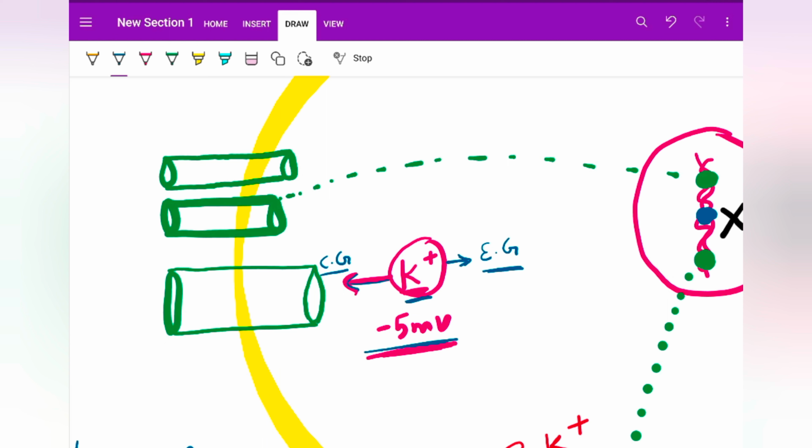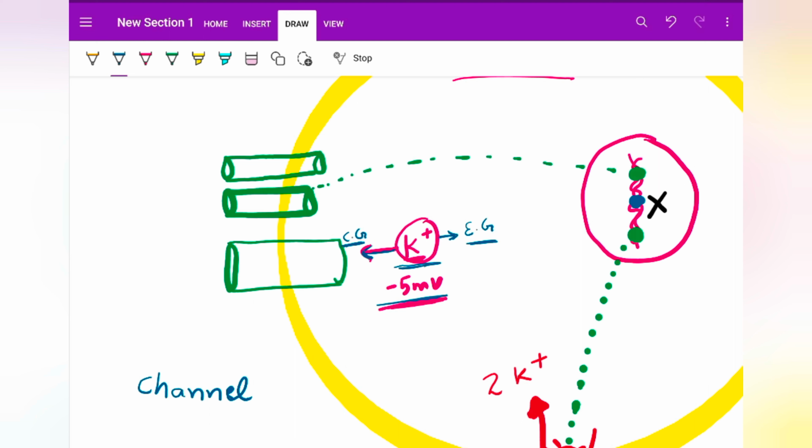So the net electrochemical force driving this K plus is towards the outside. Because the concentration gradient is very strong, this K plus ion will start leaking outwards. As more and more potassium goes out through these potassium leaky channels, the interior of the cell becomes more and more electronegative. Let's say from minus 5 millivolt to minus 10, minus 25, minus 50. So basically, the more the potassium diffuses out, the more the interior of the cell becomes negative.